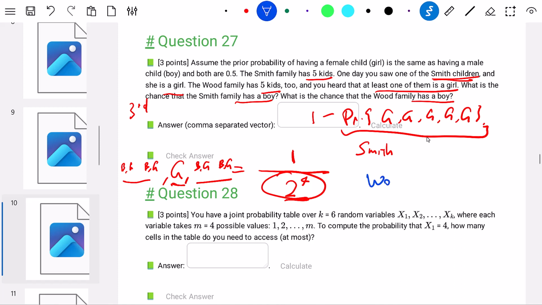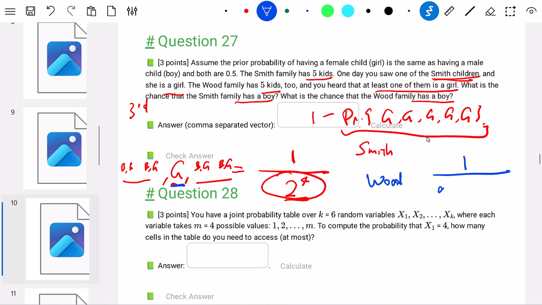And for the Wood family, it's still 1, so there's only one combination or one permutation where all the 5 kids are girls. However, since we do not know a specific child is a girl, we only know that one of them is a girl. So we have only eliminated one possible combination where they're all boys.